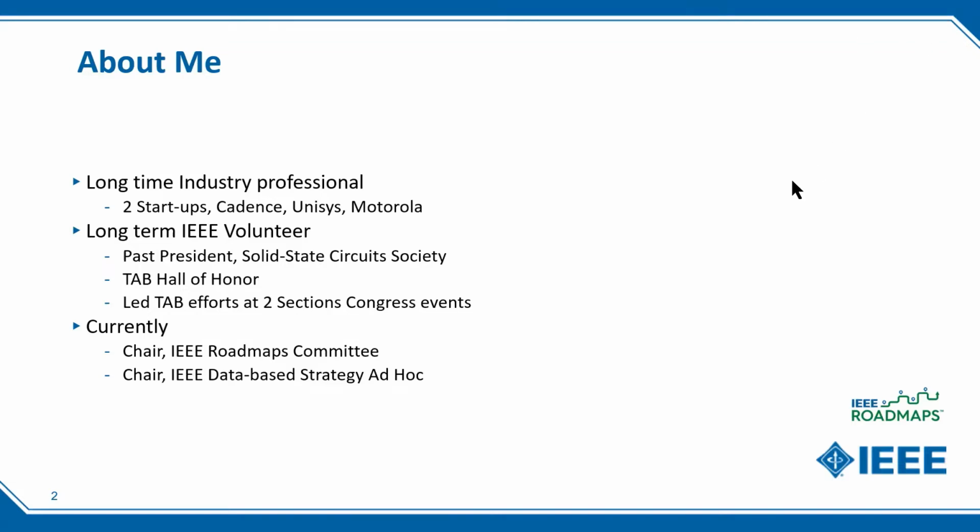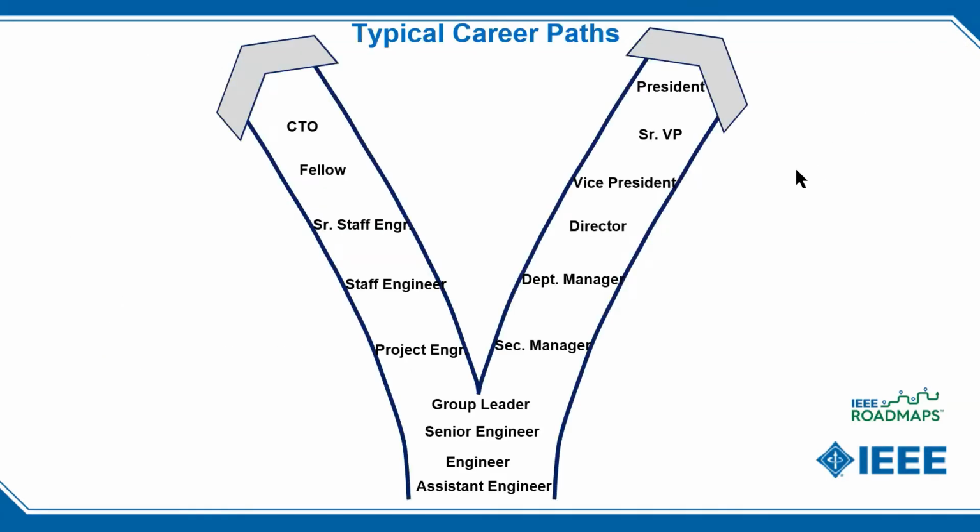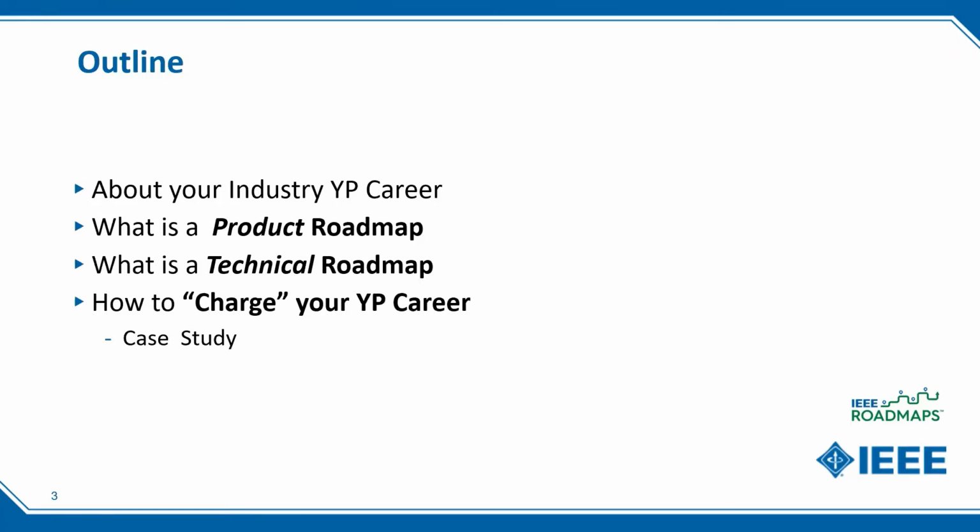We will talk about a perspective on a typical industry young professional career. And I will use that as a base to then introduce to you a term called product roadmaps. And then I will talk about how to connect those to IEEE technical roadmaps and give you my thoughts on how you can use those elements to charge your young professional career.